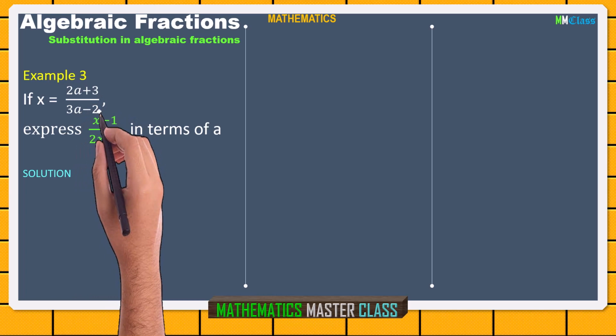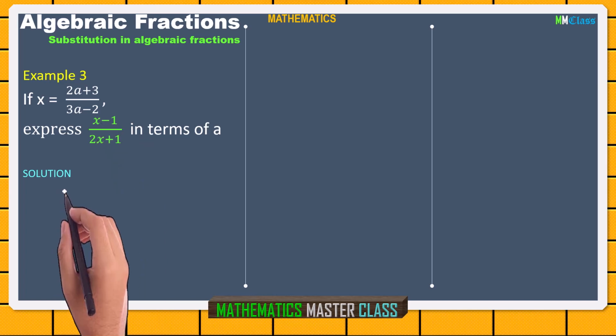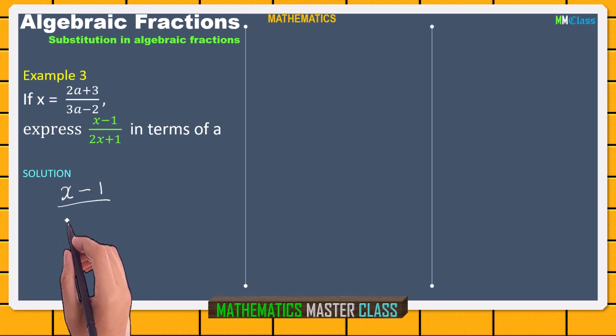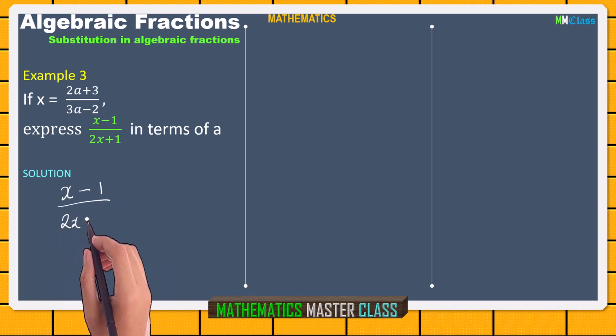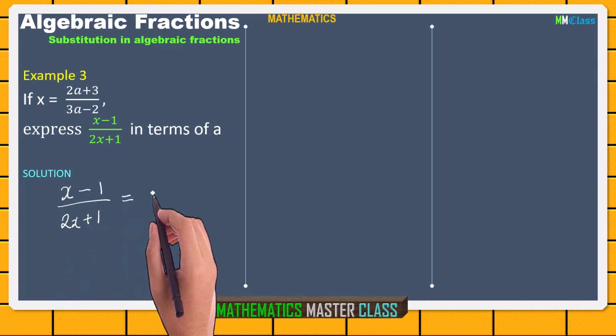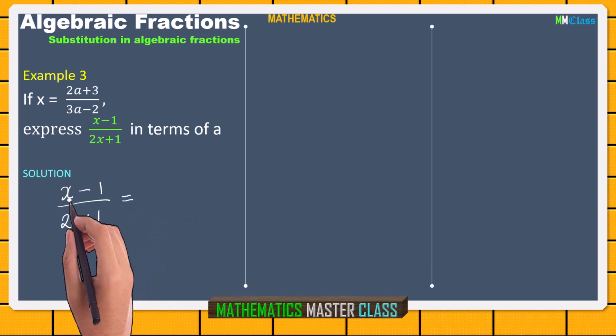So let's start. The first thing we'll do is to write (x minus 1) all over (2x plus 1). So this will be equal to, remember we are going to replace x with this value.